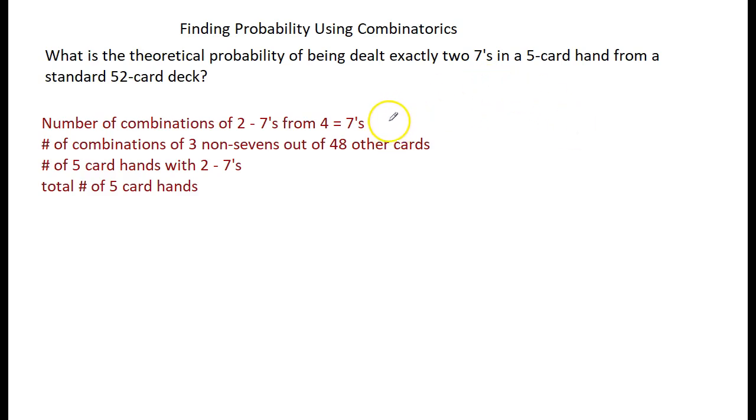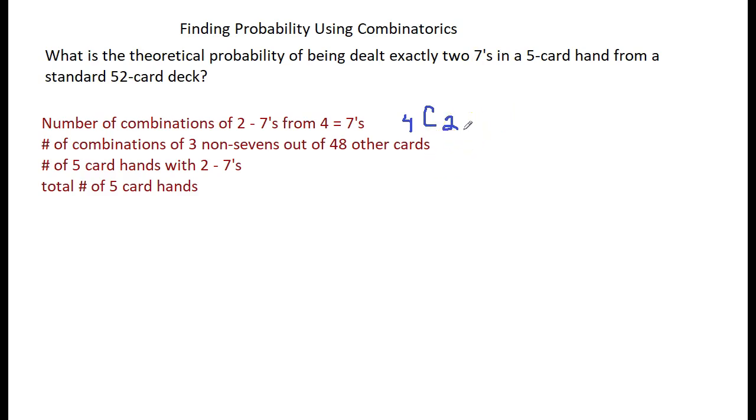If 2 of them are going to be in our hand, that means we are going to be using that nCr form, because we're using combinations. So there are 4 7s in a deck, number of combinations taken 2 at a time. That's what we're going to use there.